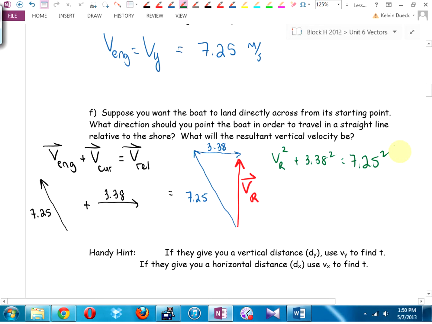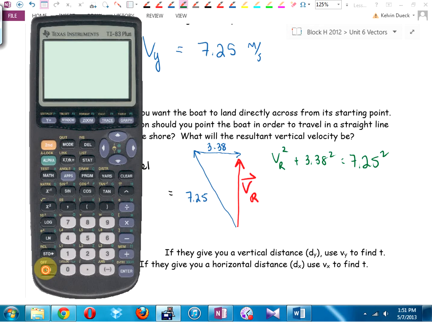We're finding a side. How would I get the VR squared by itself, Brad, my friend? Minus 3.38 squared, and then how to get rid of a squared? I'm going to do that all on my calculator, if you're okay with that. I'm going to go 7.25 squared minus 3.38 squared equals square root.